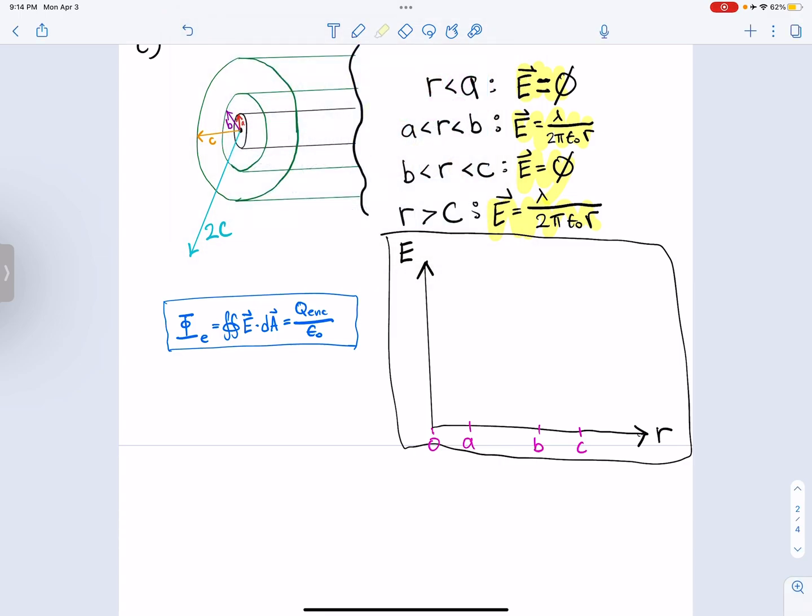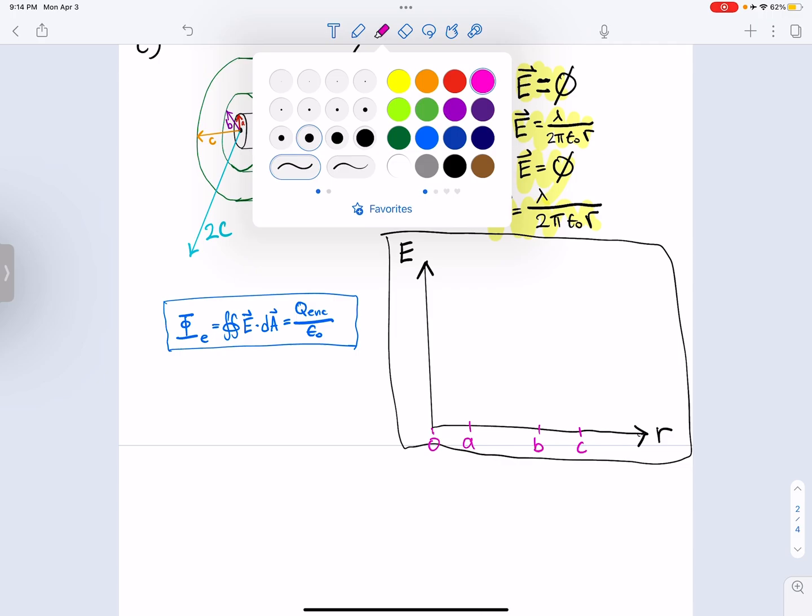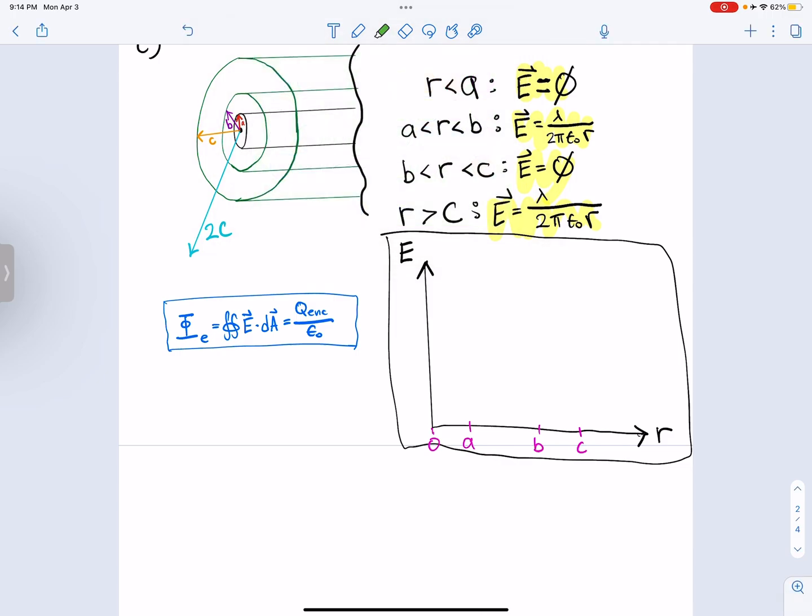We know that when r is less than a, the electric field is 0. We also know that the electric field is 0 when the distance r is between radius b and radius c. But when r is between radius a and radius b, and when r is greater than radius c, we have a certain value for our electric field, and that's just going to be an inverse function.